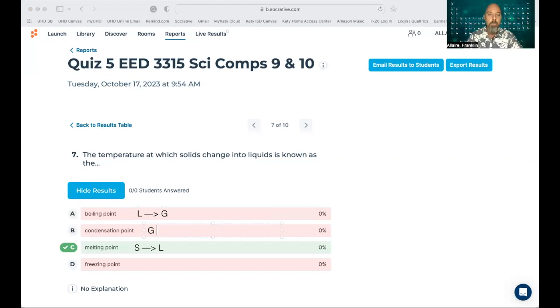We'd get to a temperature where that gas would transform from a gas into a liquid. And that's called the condensation point. It's going to be the same temperature as the boiling point. It's just that instead of putting energy in, we are taking energy out.